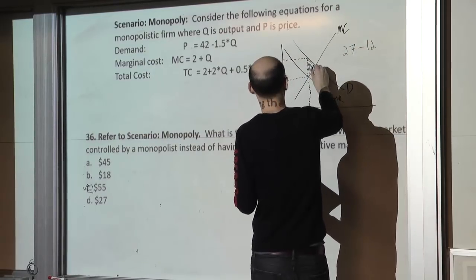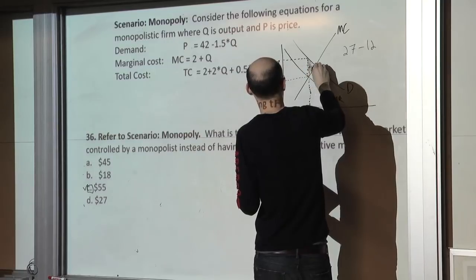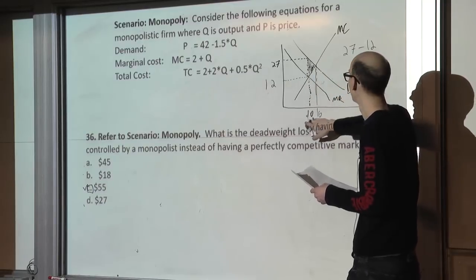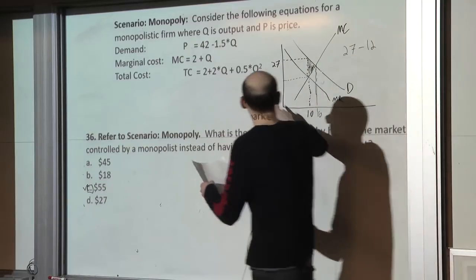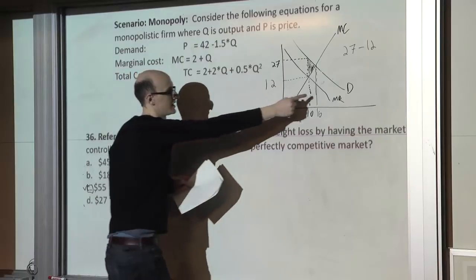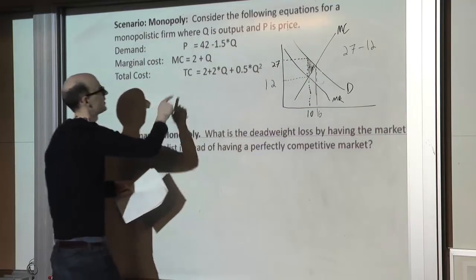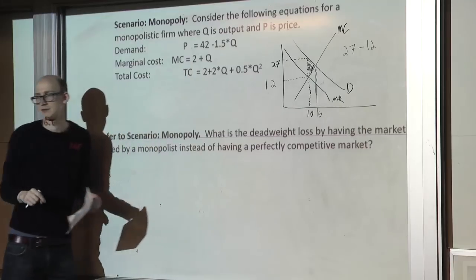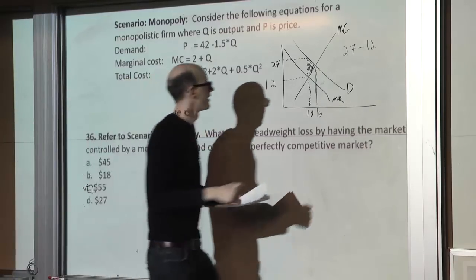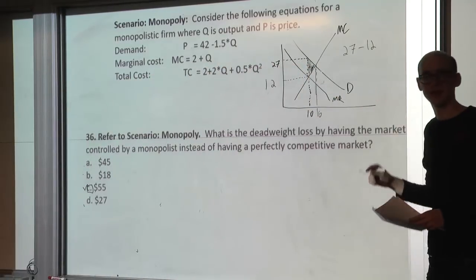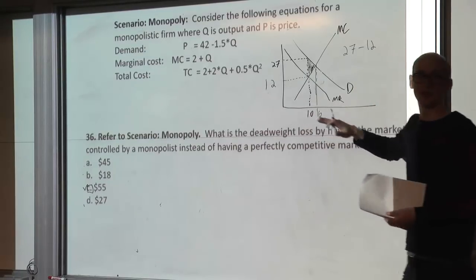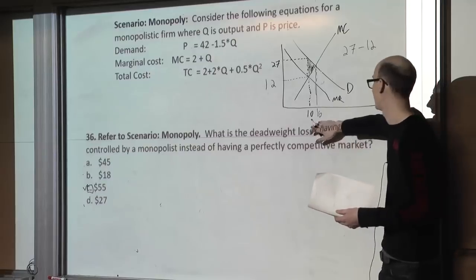And then to get the height of this triangle, we're going to take the equilibrium at 16 minus 10. Oh, so I got 12. That's the place where marginal revenue equals marginal cost. Plug 10 in for Q: 10 plus 2 is 12. 10 is the optimal quantity when we're in the monopolistic case.